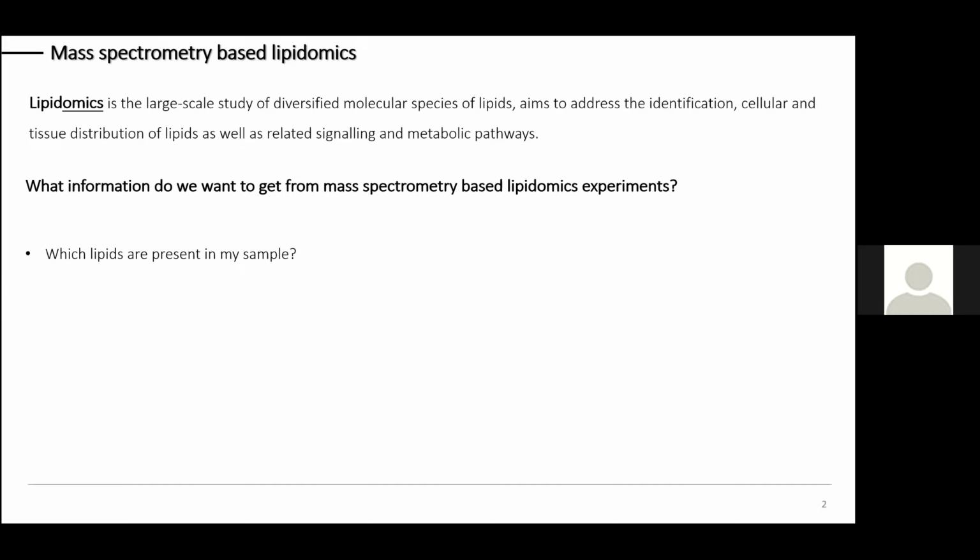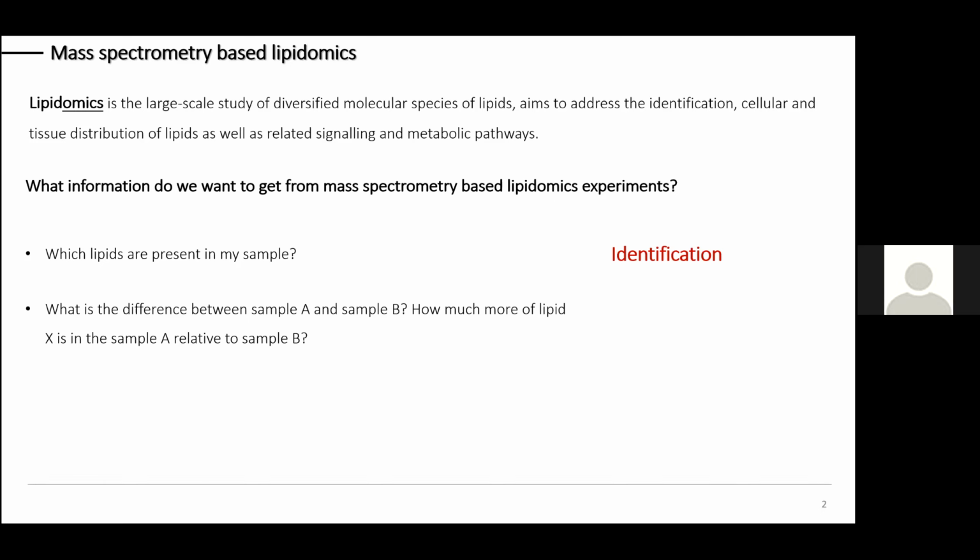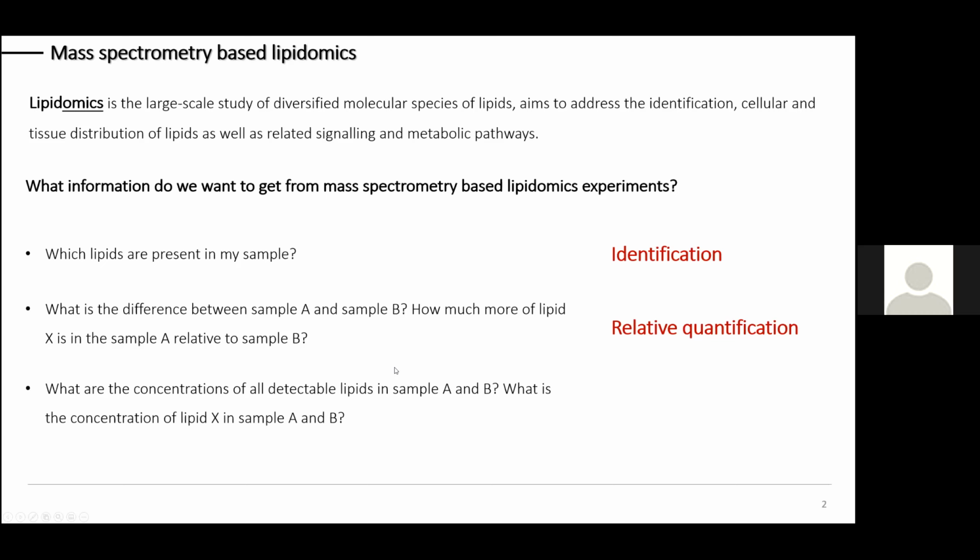Very often we would like to know which lipids are present in my samples, so we want to perform identification of our lipidomes. Or we want to know what is actually the difference between sample A and sample B, and maybe how much more of a certain lipid we have in sample A relative to sample B. In this case, we want to perform relative quantification of our lipidomes.